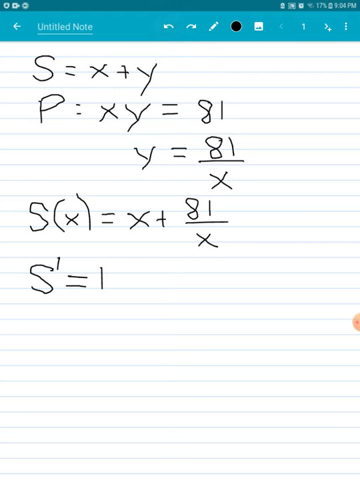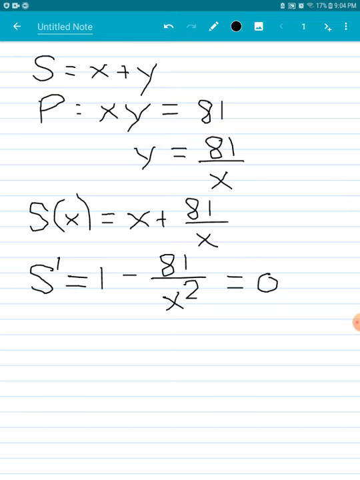So we get S prime equals 1 minus 81 over x squared. We equate that to 0 and solve for x.